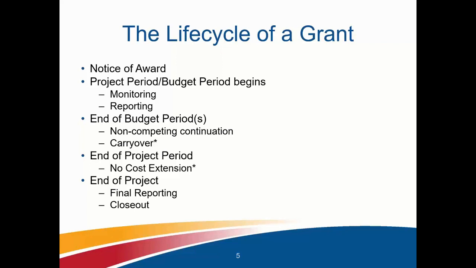You do not have to apply to get the next year's funding, but there is a process that's happening on the Administration for Community Living side. You may also need to do a carryover at the end of a budget period. We'll talk more about what is a carryover, what is required as we get further into this presentation.